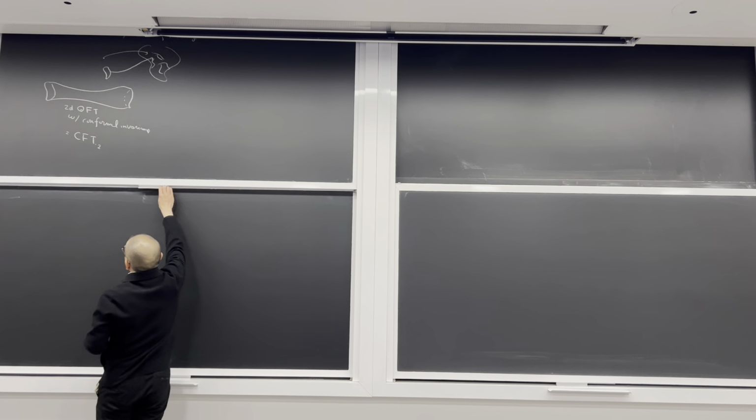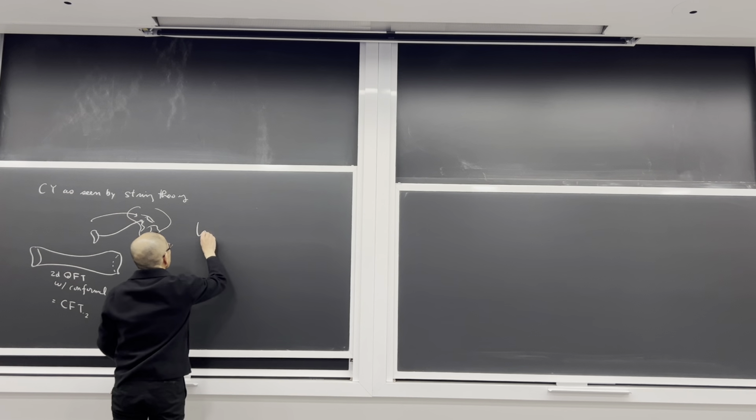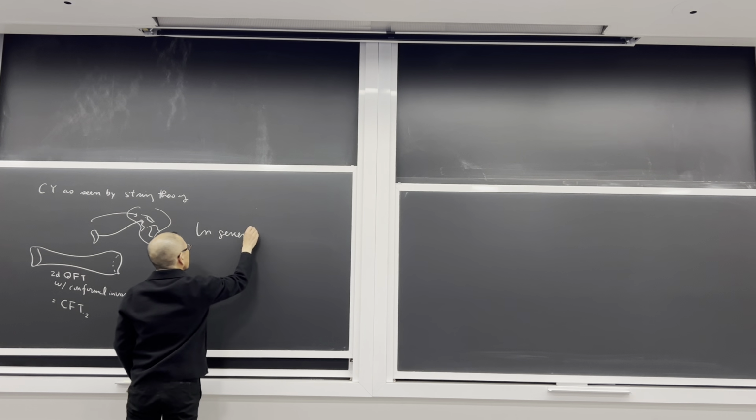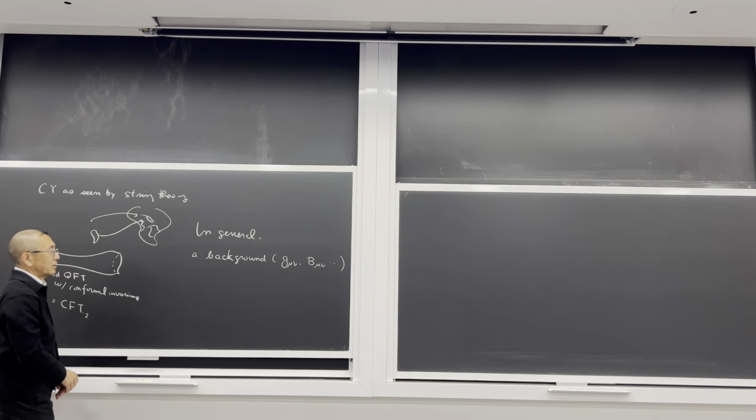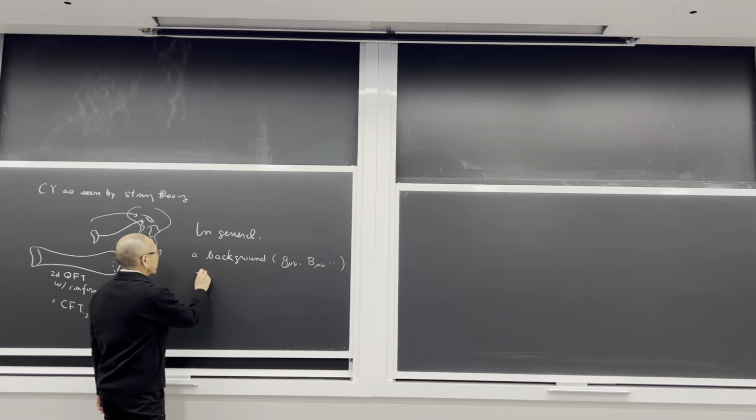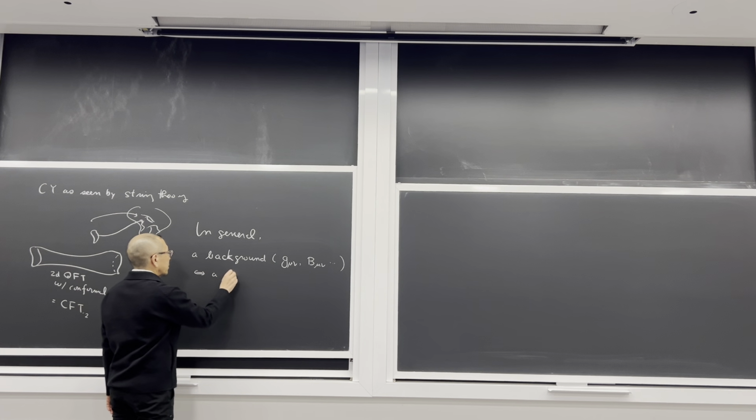So in general, in string theory, each background, by this I mean the configuration of the metric and the antisymmetric tensor field and the various other fields taking values in space-time, corresponds to a choice of CFT on the worldsheet.